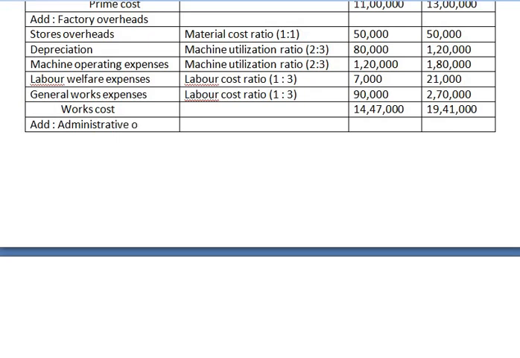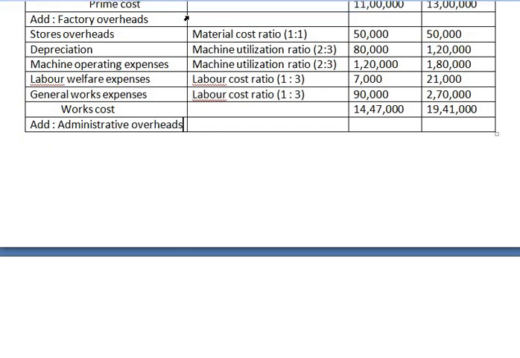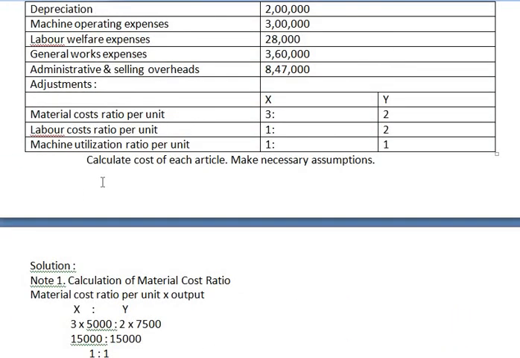Okay, administrative overheads. Now administrative overheads, what have they given? Just the amount is given, 8,47,000. Now check where administrative overheads is suitable. Is it relating to material cost ratio?